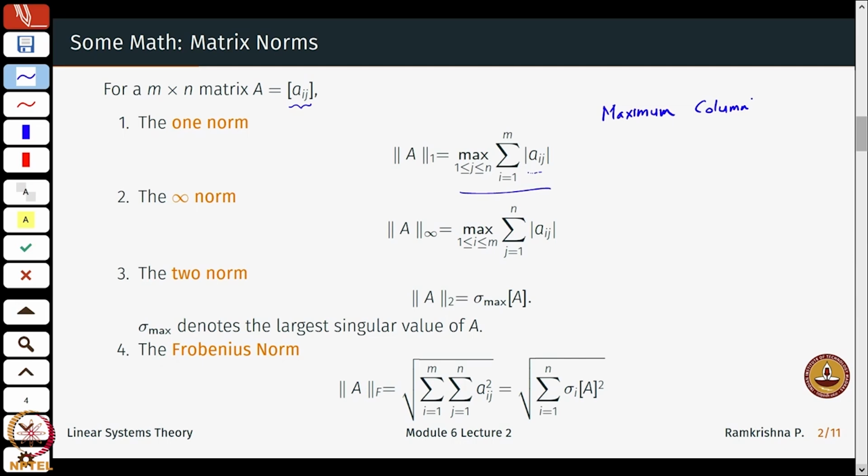If n equals 1, I realize the standard vector case. So I have a vector now instead of a matrix, and the one norm would simply be the summation of all the elements of A, say i equal to 1 to m, like the standard definition of a one norm of a vector.